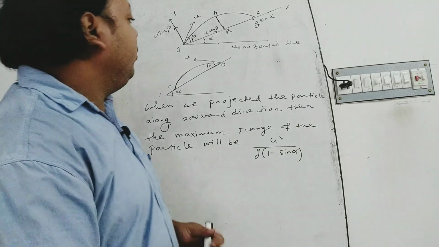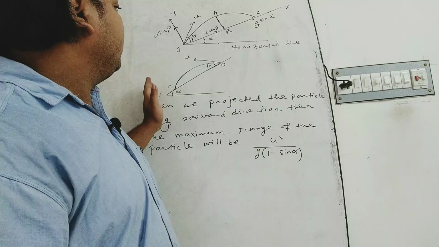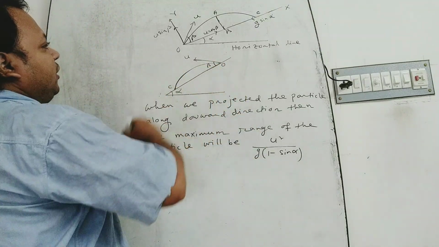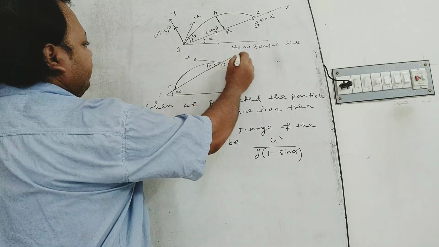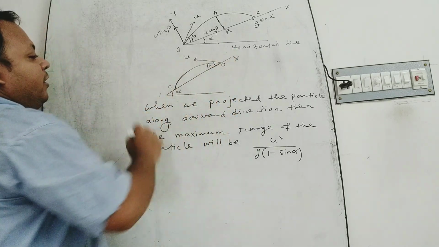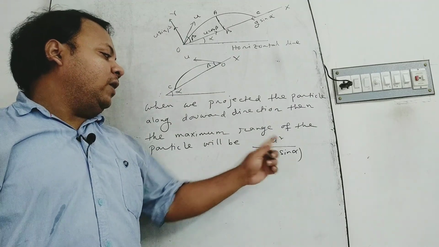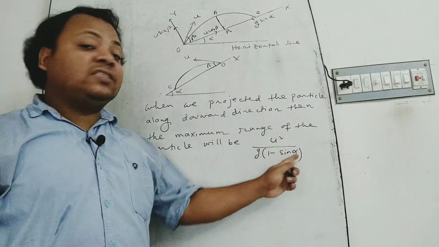Now, when we project a particle at an angle beta with the horizontal plane, then the maximum range of the particle will be u square by g into 1 minus sin alpha.